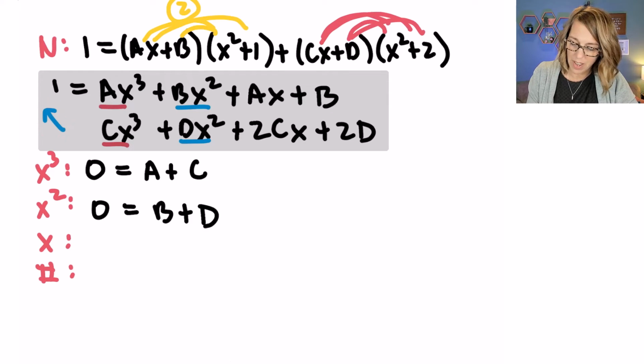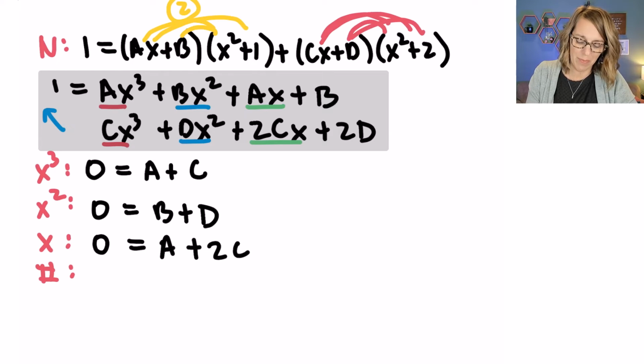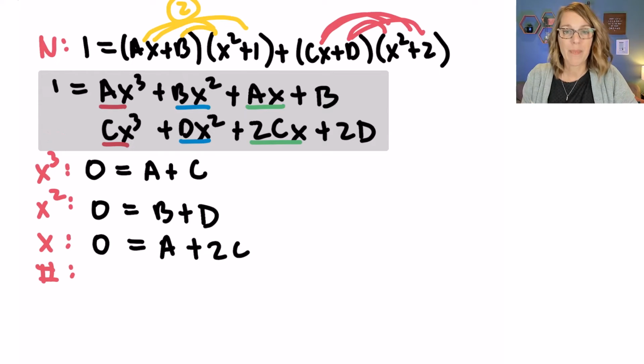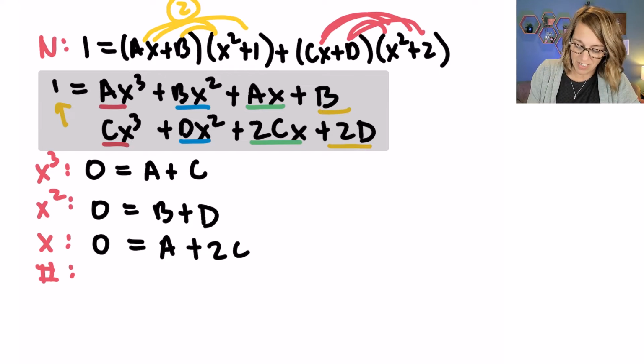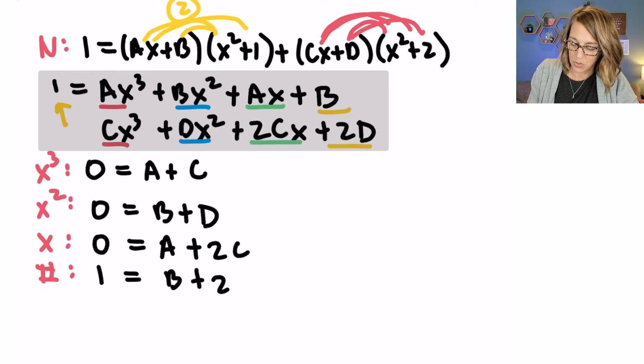And so our x's, I've got an Ax and a 2Cx. But again, 0x is on the left, so I've got A plus 2C equals 0. I am just about there. And I'm going to finally pick up a term on the left-hand side other than 0. I get a 1 there, and then a B plus 2D there. So I get 1 is equal to B plus 2D.